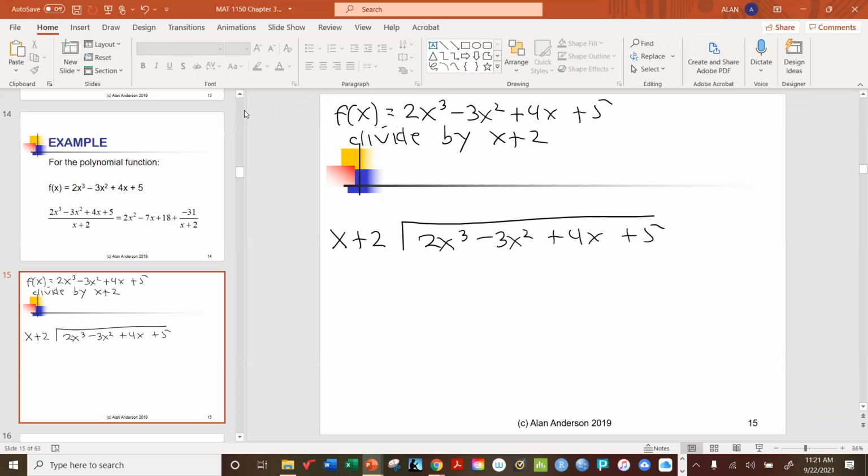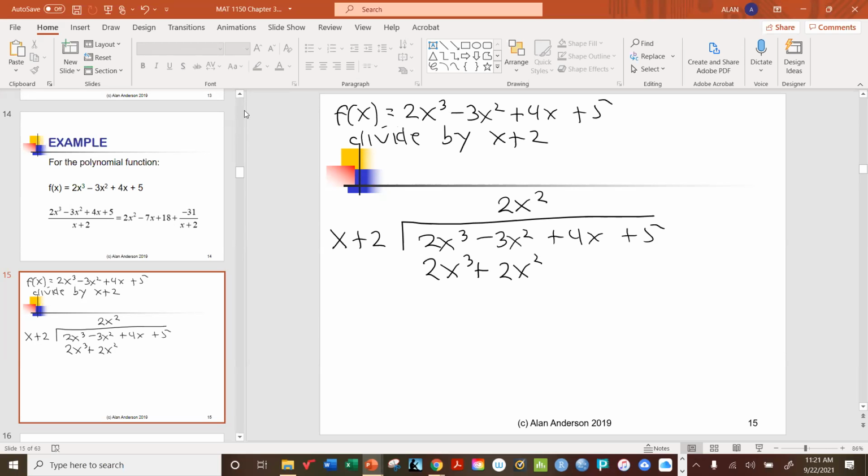Okay, so what value when multiplied by x plus 2 will give us 2x cubed? How about 2x squared? If I multiply this x plus 2 by 2x squared, I'll get 2x cubed plus 2x squared.